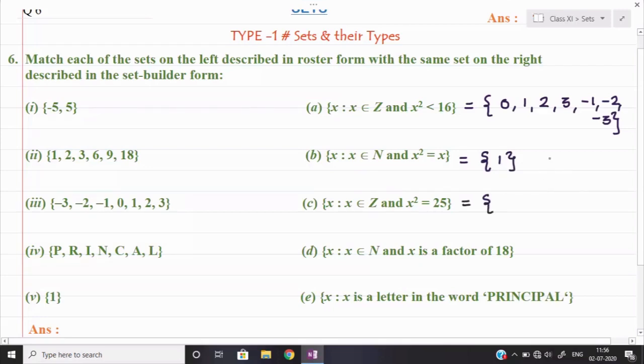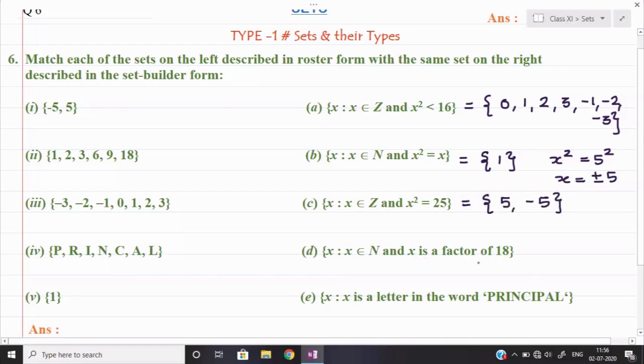If you know that x square is equal to 25, 25 I can write as 5 square, and the value of x in that case will be plus minus 5. Now, x belongs to Z, so we can take plus 5 also and minus 5 also. So the first value is 5 and the second one is minus 5, right?